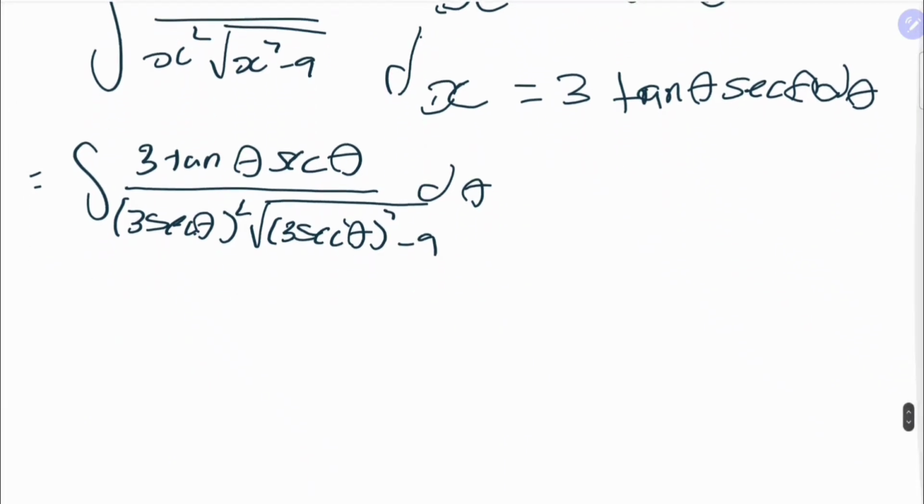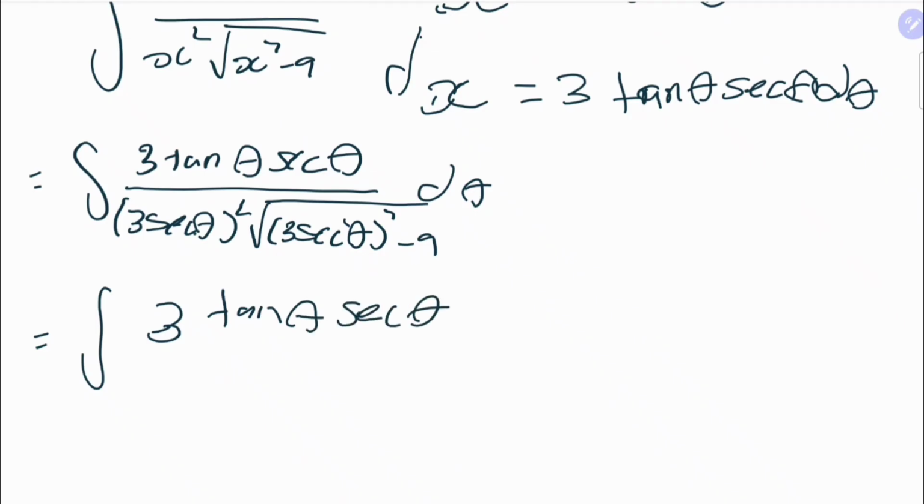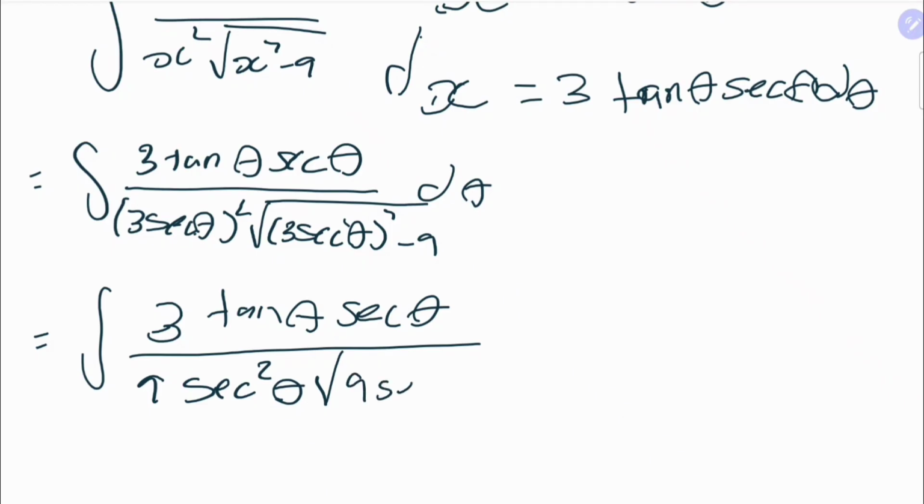Also, if you want to give this integral a go by yourself, that's fine. So this is going to equal the integral of 3 tan theta secant theta over 9 secant squared theta, and then the root of 9 secant squared theta minus 9.